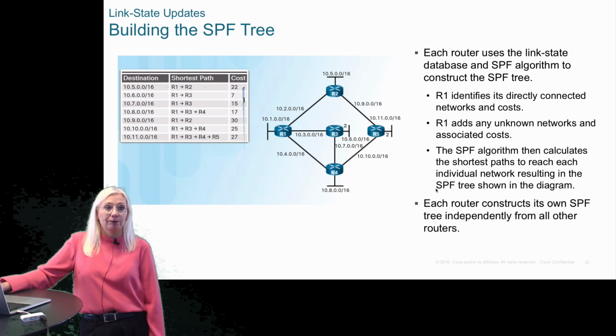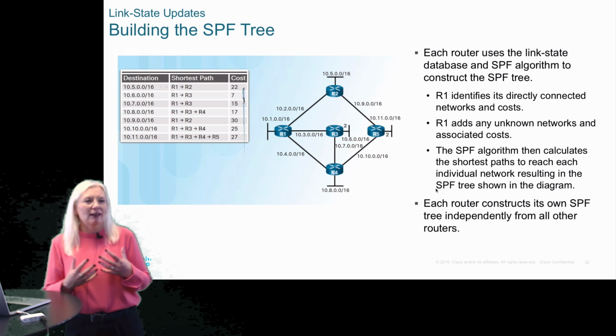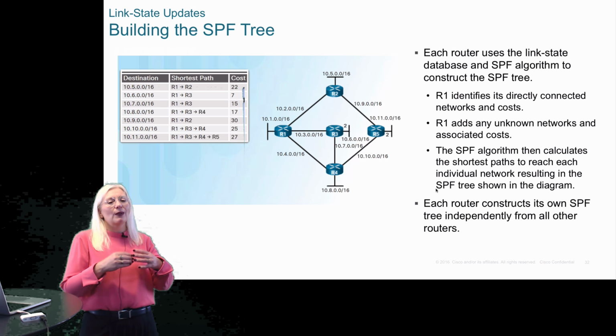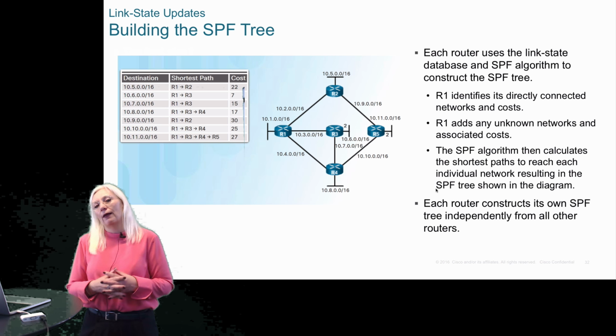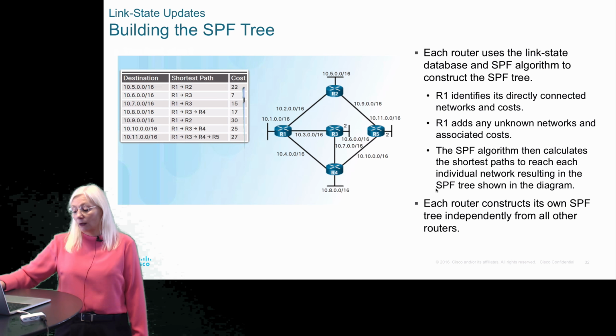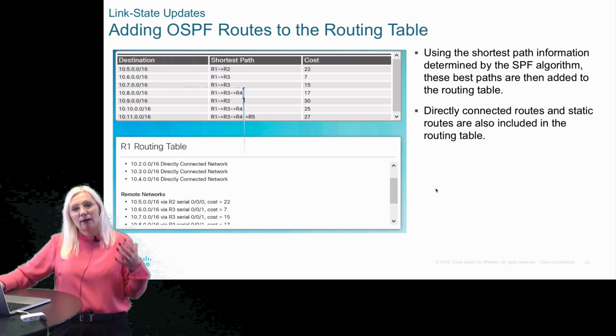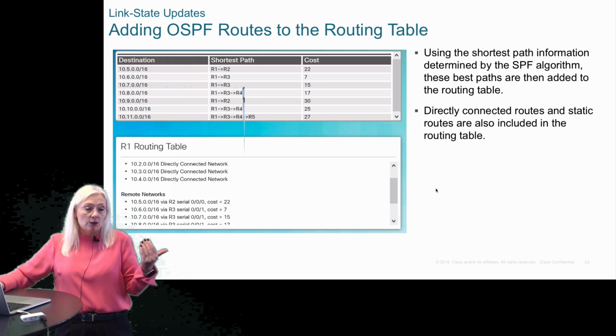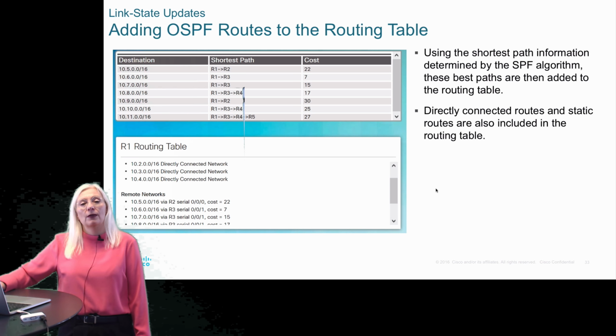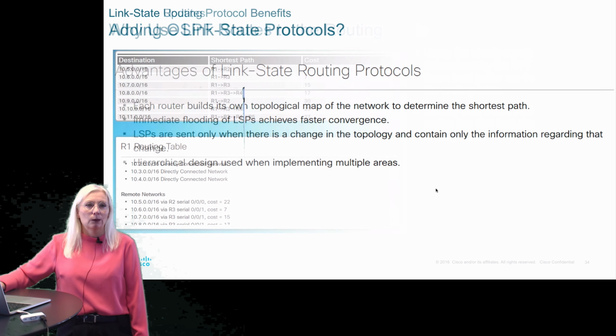So here we have an entire map, because we know how far away the different networks are. If there is a change, we will only get the update about the change. They use this shortest path algorithm and shortest path tree to set up the information in the routing table.